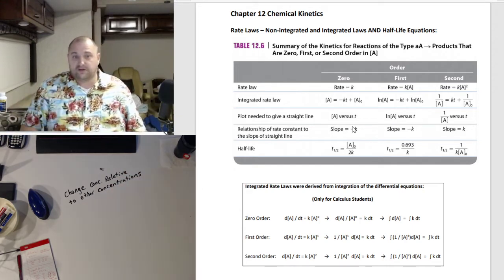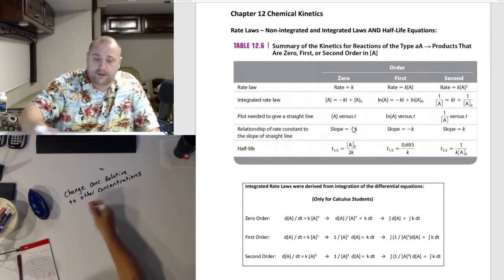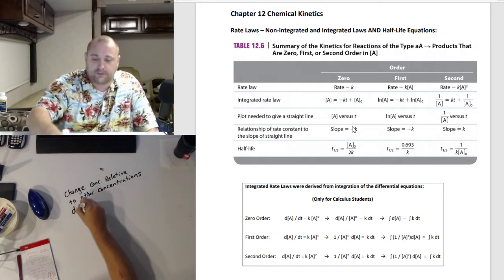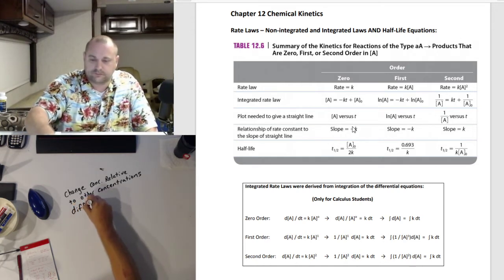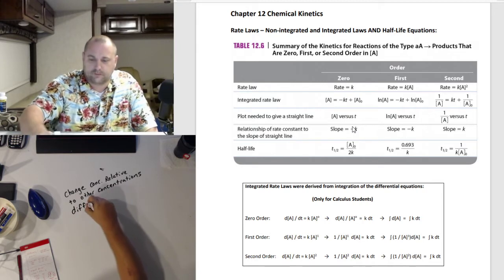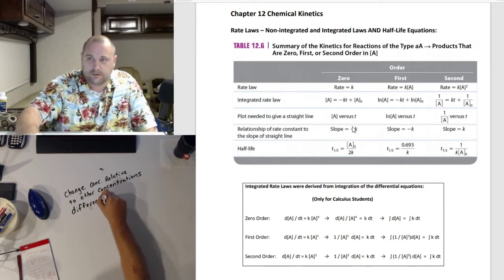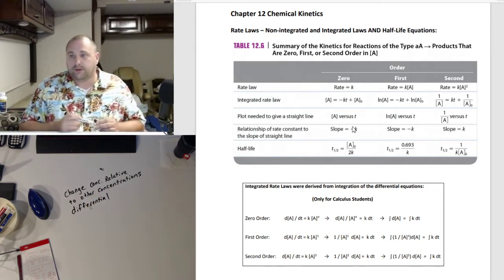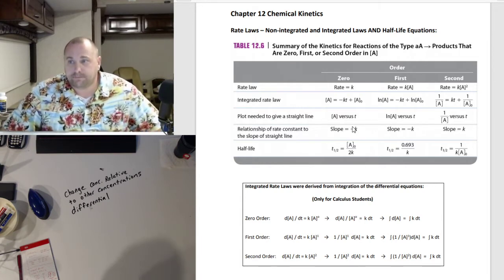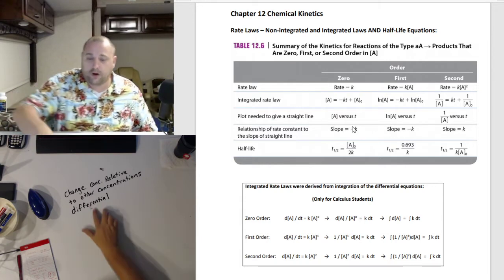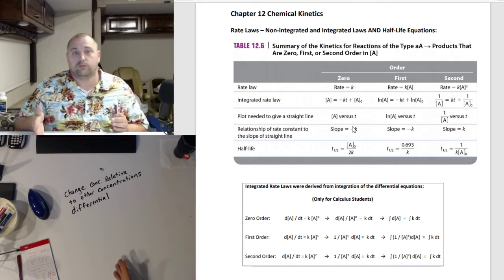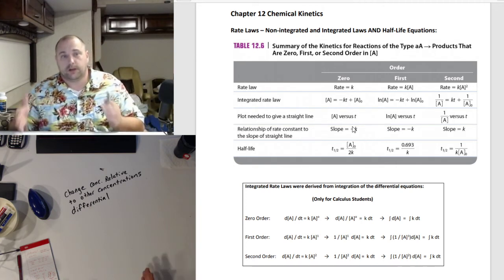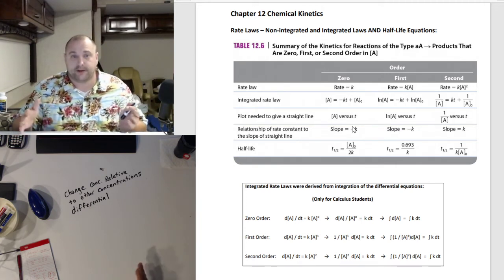If we're doing that, then we usually say this is the differential, and that'll be our differential rate law. There, all we really look at is what happened. Did I double? Did it have no effect?